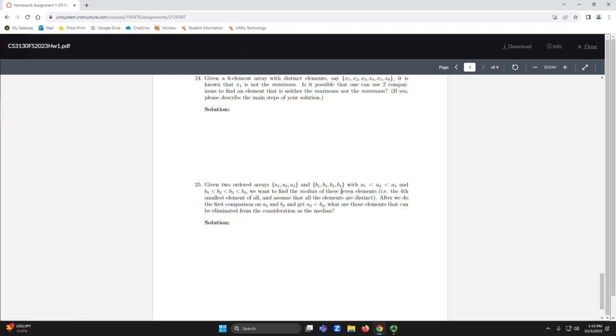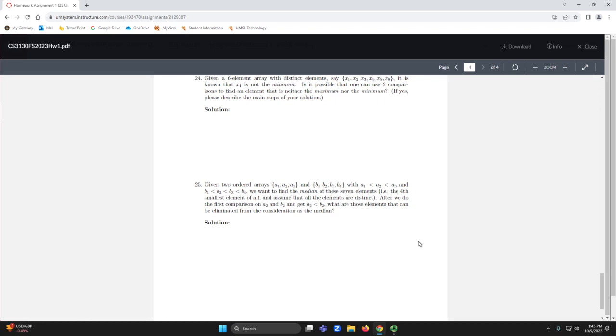That's the first thing. Second thing, when you do the elimination, do it from both sides. What's from both sides? Let me explain. The median, the one right in the middle, we can interpret as the 4th smallest element if you count from the left side.